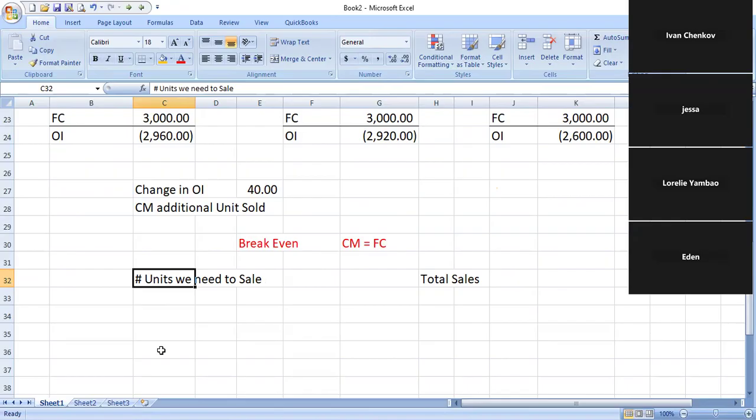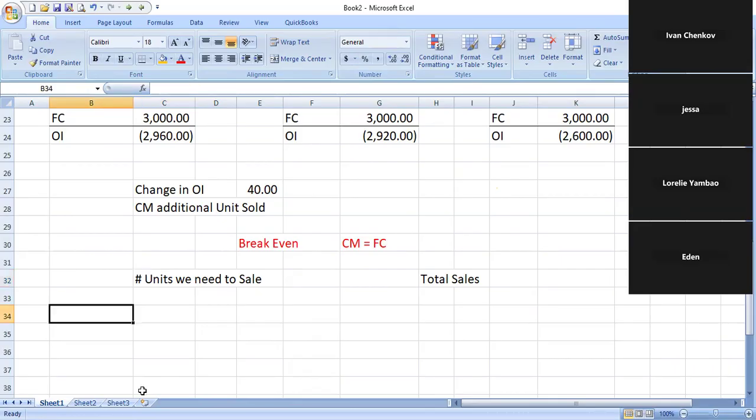Well, very simple. We have to go back to our formulas and we have to do some tricks there. What will be the tricks? I'm going to show you just in a second. First thing that we have to do is go to the original formula and remind ourselves how we get the formula on the break-even.